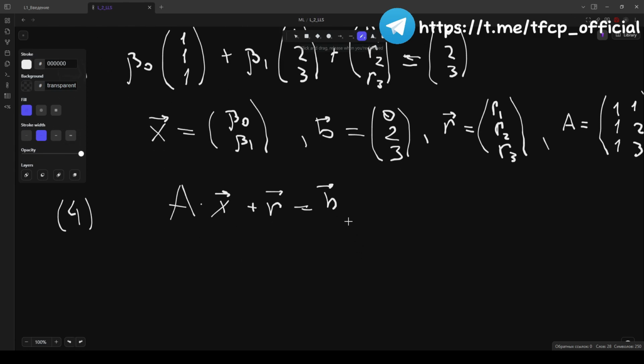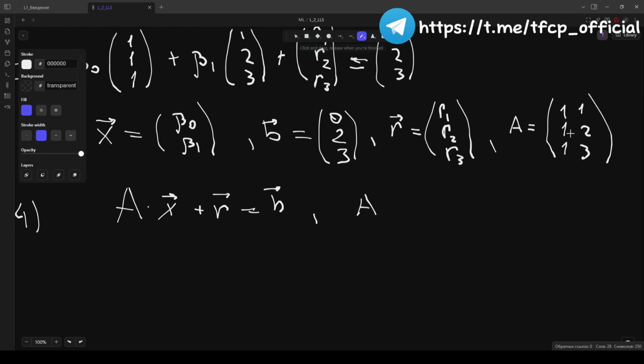Here we have rewritten our system in vector form in a more concise and streamlined manner. Here we have A, which is a matrix with 3 rows and 2 columns, that is, a 3-by-2 matrix. The vectors r and b are vectors in 3-dimensional space, from the space R3, meaning they have 3 real components.